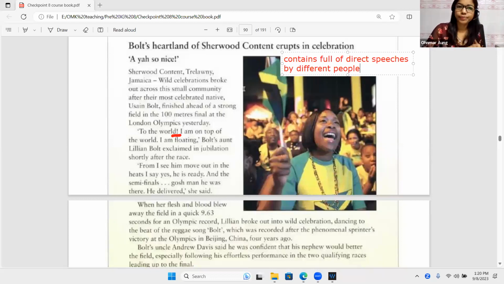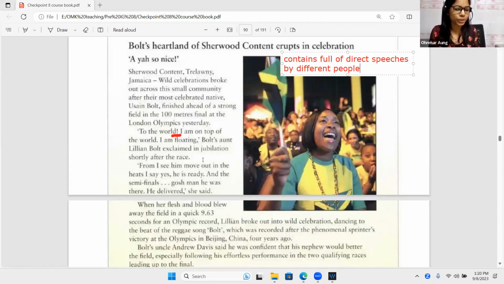Anything else? It contains numbers. But not that much, just only a few numbers, right? So it's not that obvious. Yeah, there are some numbers, but statistical.